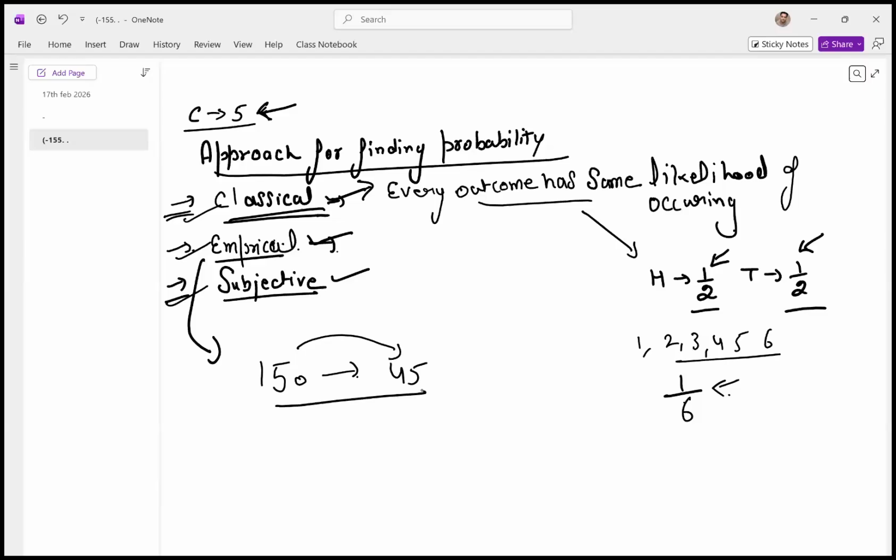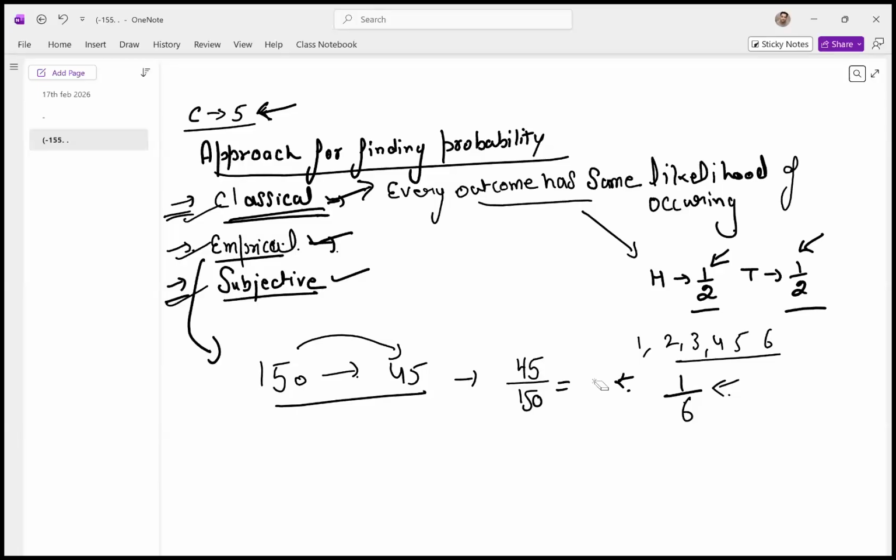So based on this data, I can say the probability that the call will be transferred to the manager will be 45 over 150, that is 1 over 3 approximately.